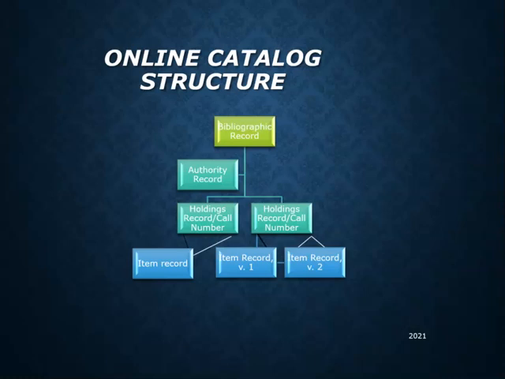The holdings record contains information to let users know what a library holds in their collection. This can include the call number, information about where in the library an object lives, like the location, and any volume designations to list which parts of a set or series that a library has.